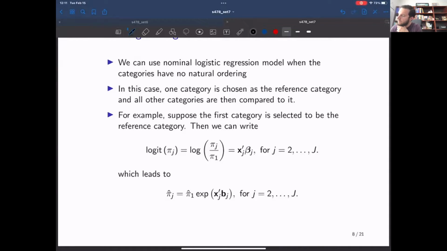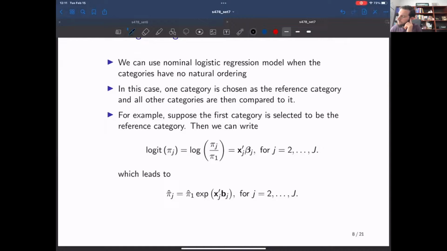Right, the model itself is shown here. So we have the logit of pi j, which is equal to the log of pi j over pi 1, which is equal to xi transpose times beta j for j equals 2 to J. So you effectively have a different model for each of the J categories in the data set of interest.